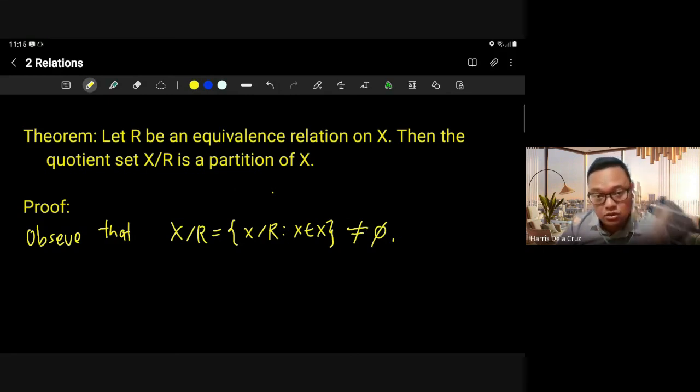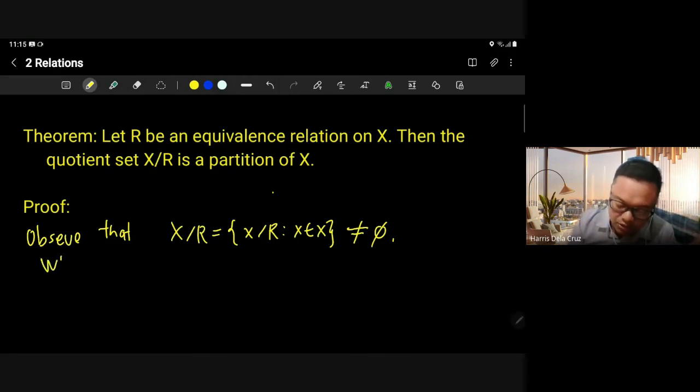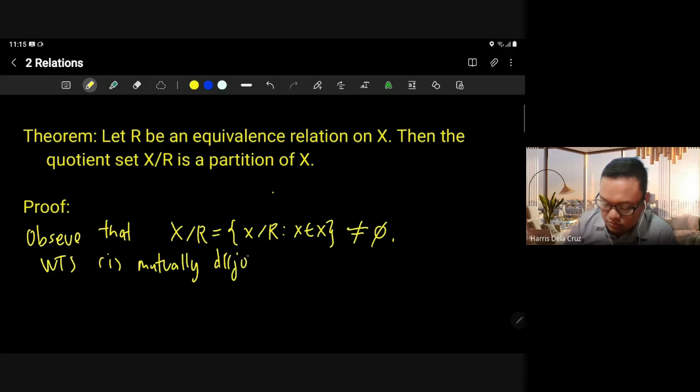Okay, so dalawa yung requirement para mapakita natin na partition. Remember, what we want to show is that first, this is mutually disjoint. Ano ibig sabihin ng mutually disjoint? Pag kumuha ka ng dalawang partition, dapat empty yung intersection pagka two distinct partition yan.